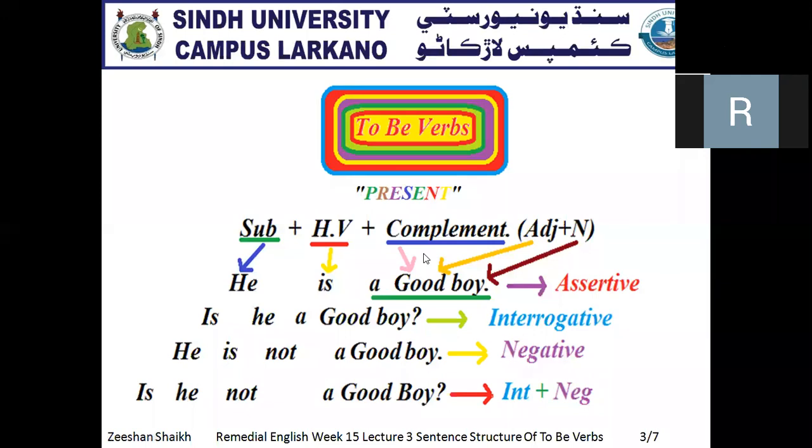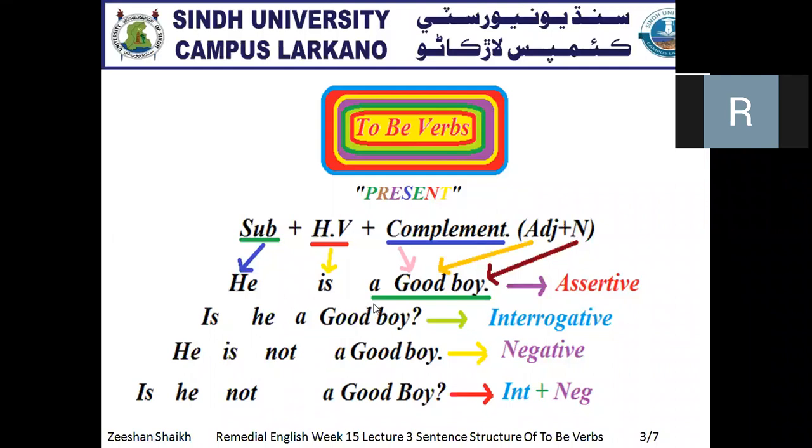As I already told you, the complement is basically the combination of adjective and noun. Clear? Now, a good boy. What is good? Good is the adjective, and boy is a noun. It is up to you whether you give a single adjective or a single noun, which can be the complement as well, or you can give both noun and adjective, and that becomes the complement. Clear? Now he is a good boy.